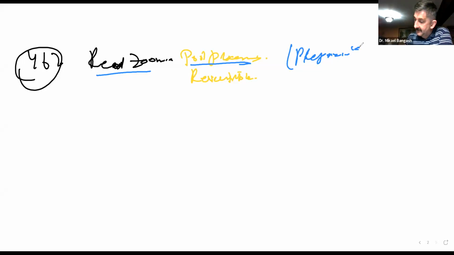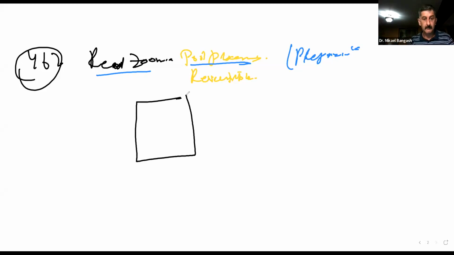Now the same number of pixels are in the original region of interest and the zoomed in image. Please remember that. This means this was your original image, and it was not zoomed in. It might have, let's say, 1000 pixels by 1000 pixels, and this here was your region of interest.